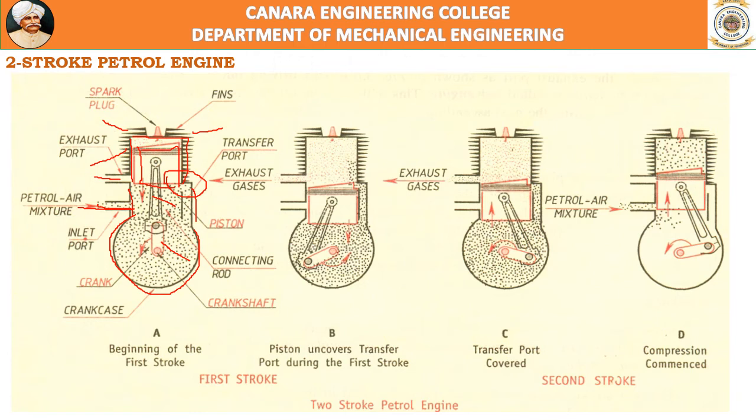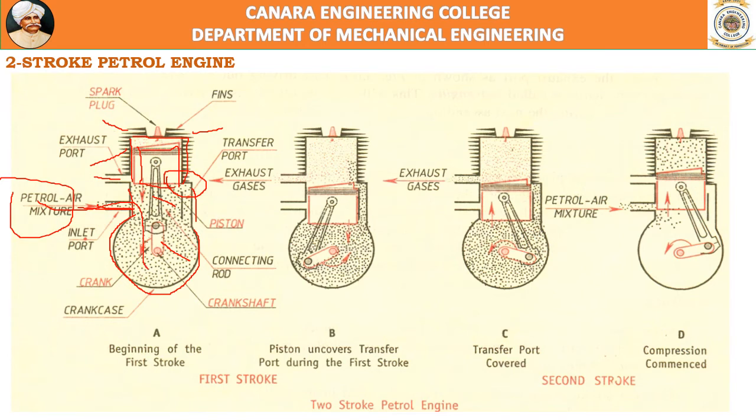Now you see this is the engine cylinder. This is the exhaust port, inlet port. Initially, you observe the inlet port is opened and air fuel mixture from the carburetor is drawn into the crankcase.